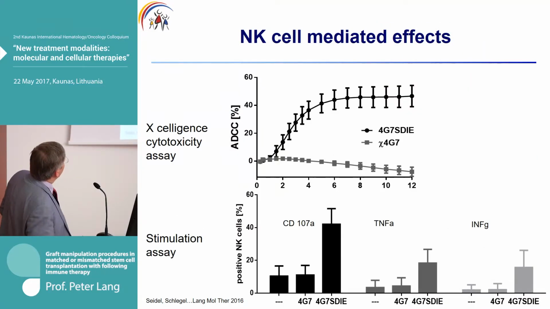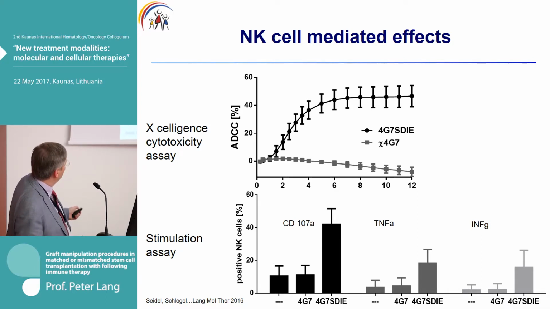Here you can see NK cell mediated effects of the antibody. This is the parental non-ADCC optimized antibody, and this is the ADCC optimized one. With this Fc optimized antibody, you can see there is a significant increase of cell lysis, of tumor cell lysis, and the same is true for stimulation assays.